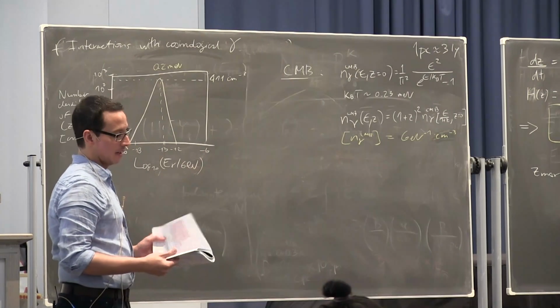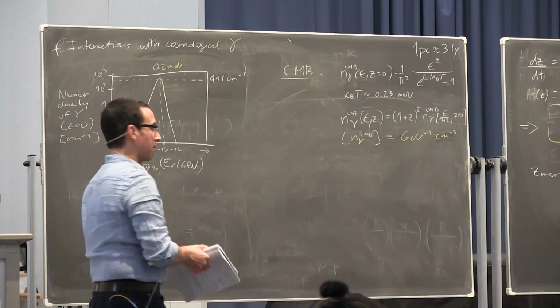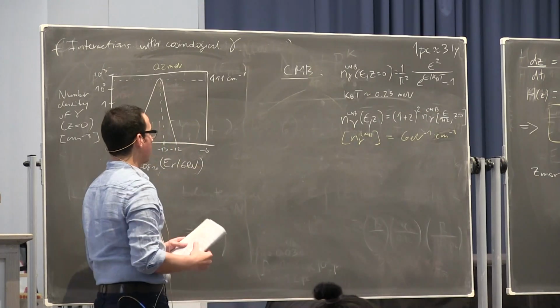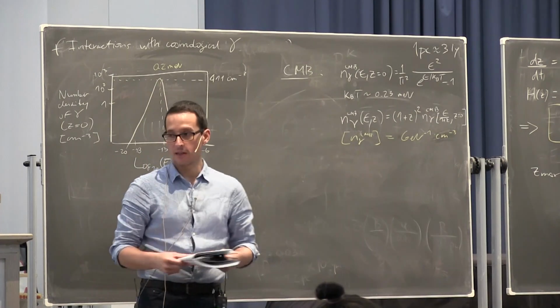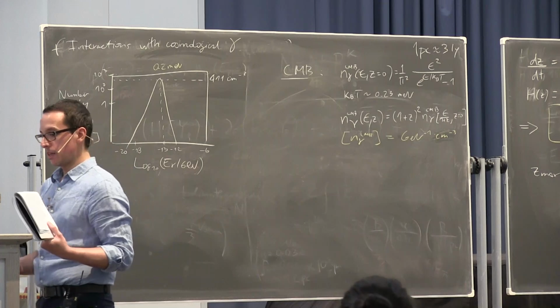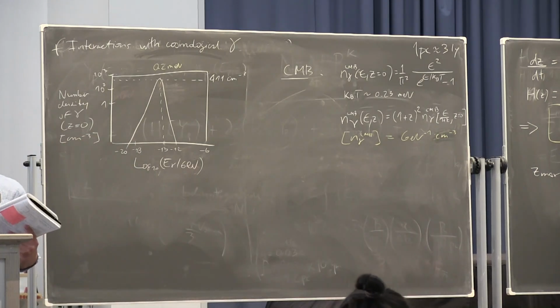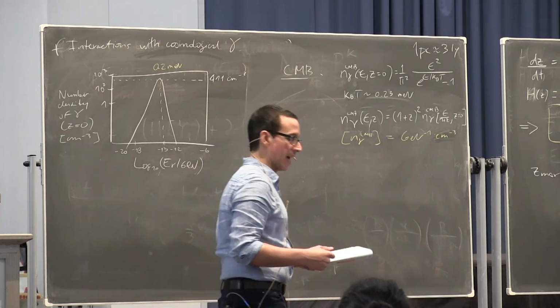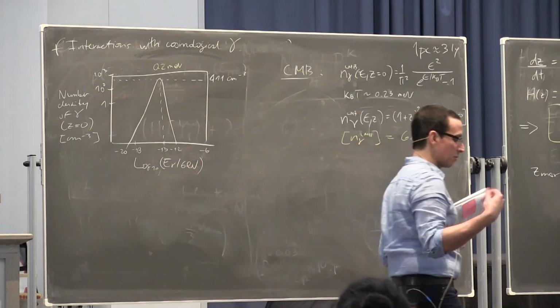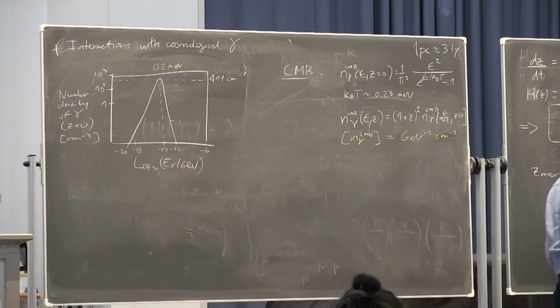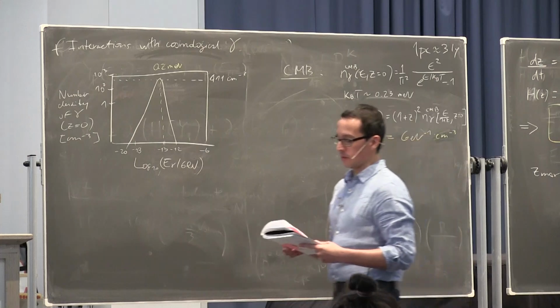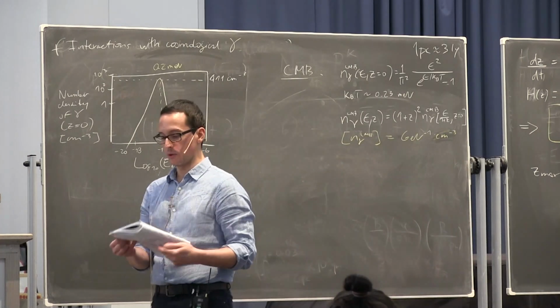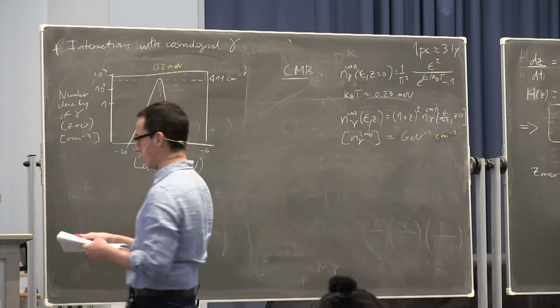It's pretty easy. But that's not the only photon background, as I said. There's another background that comes from the fact that stars across redshifts emit in the UV and optical, and the stars are often surrounded by dust, and the dust absorbs that optical and UV and re-emits it as infrared. So that is what astrophysicists call the extragalactic background light.